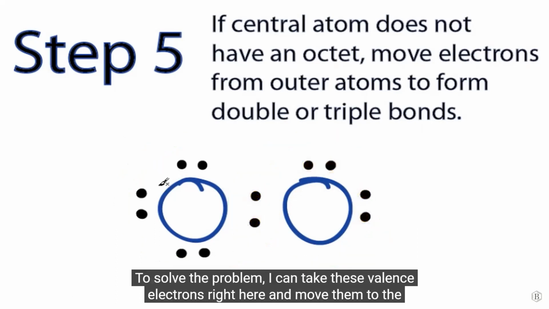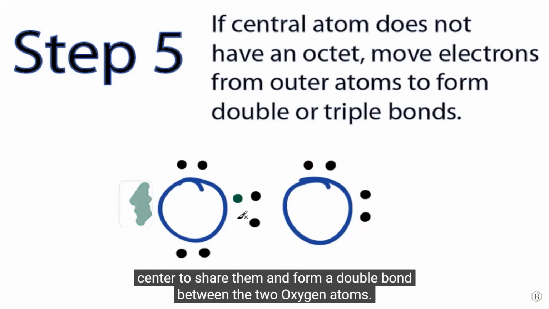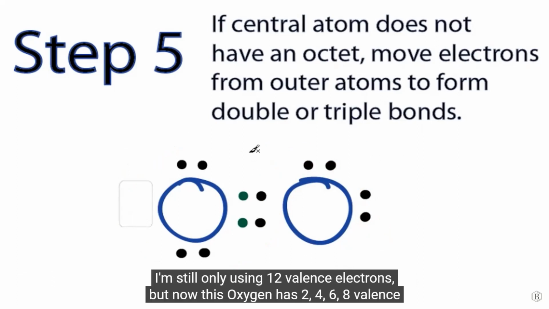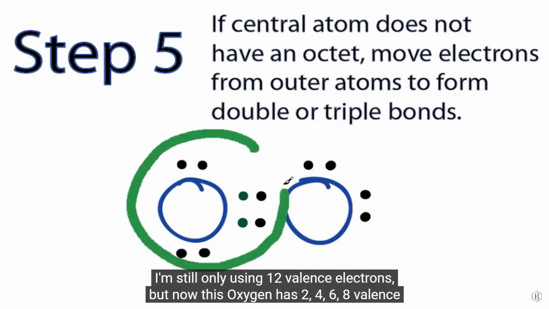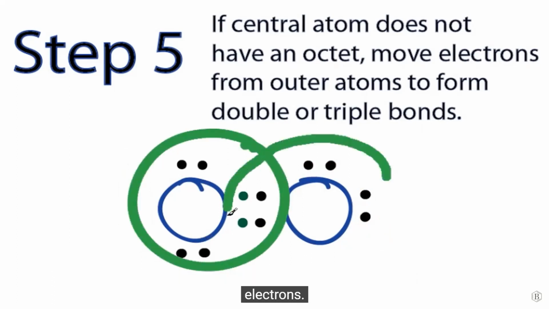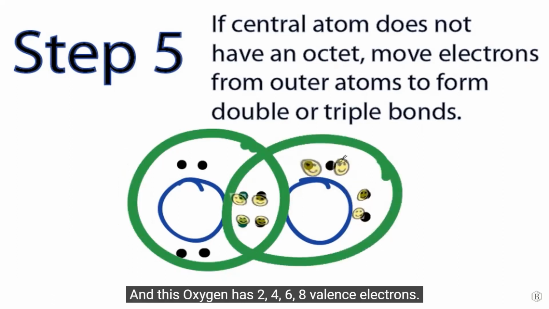To solve the problem, I can take these valence electrons right here and move them to the center to share them and form a double bond between the two oxygen atoms. I'm still only using 12 valence electrons, but now this oxygen has 2, 4, 6, 8 valence electrons, and this oxygen has 2, 4, 6, 8 valence electrons.